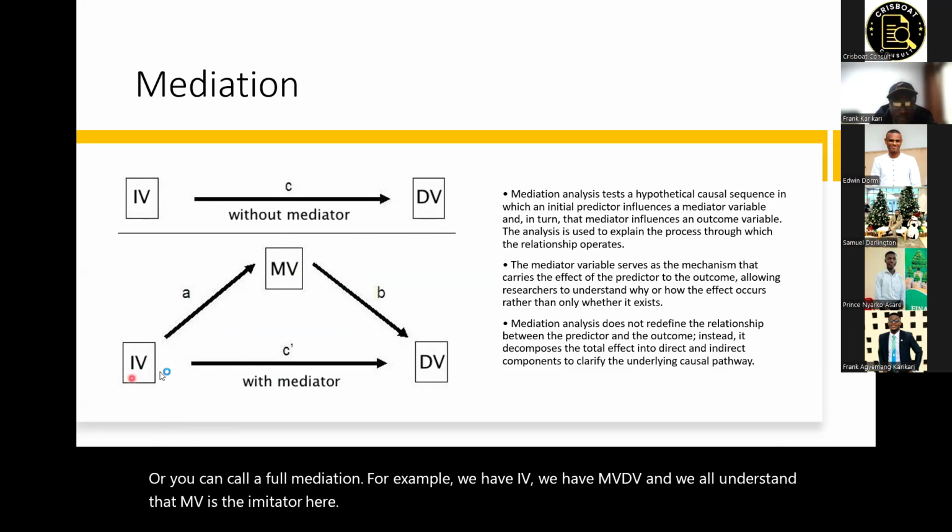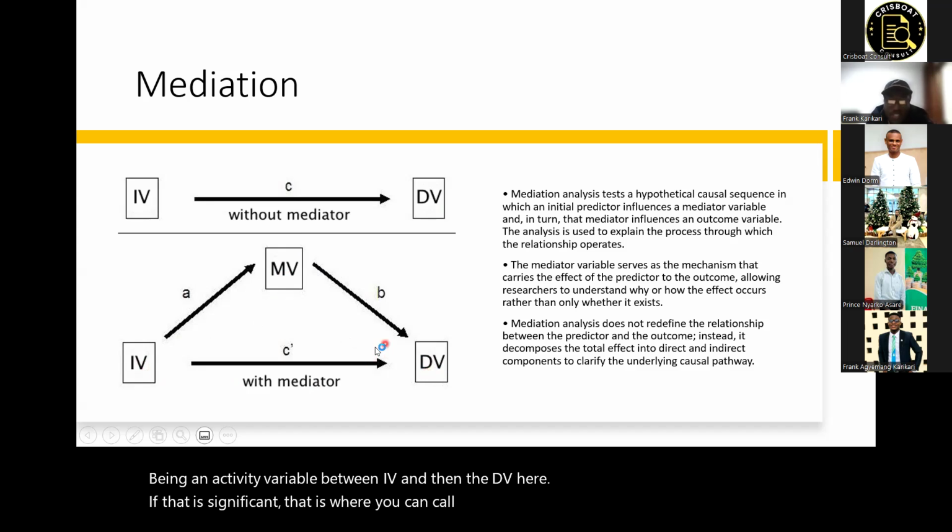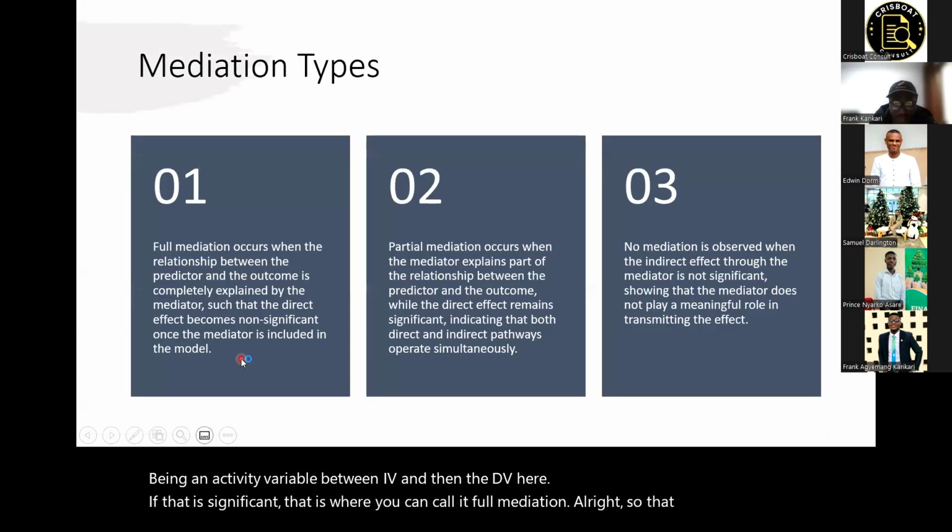So if the direct relationship between IV and DV is insignificant, and the mediation or the indirect effect, that is the MV, being an intervening variable between IV and the DV here, if that is significant, that is where you can call it full mediation, right? So that is full mediation.